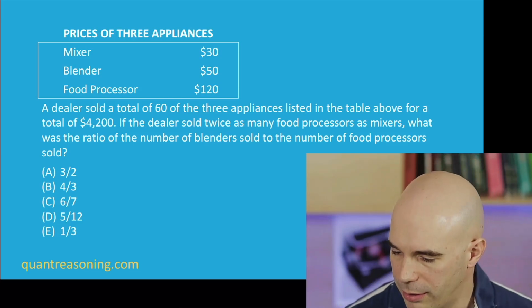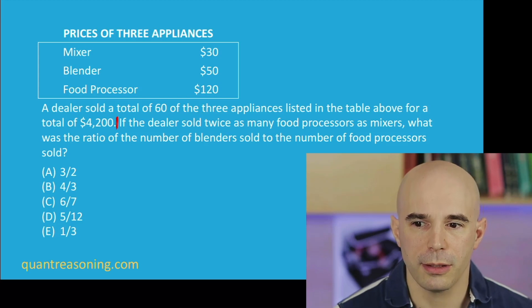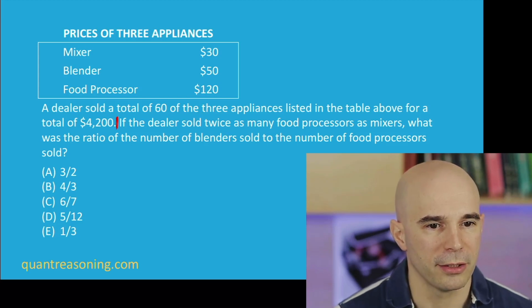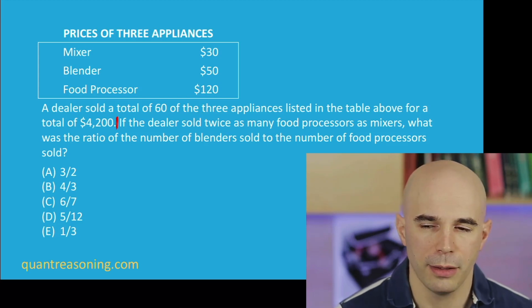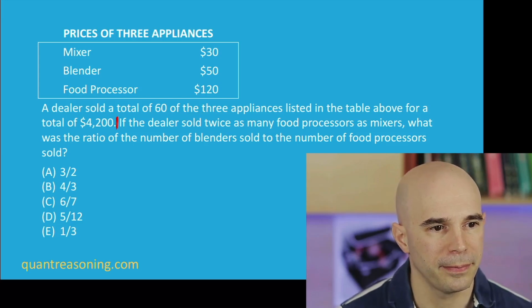Can we make any interesting inferences at the end of the first sentence? $70 per appliance on average. Did anyone pause to make that inference when you first read the question?